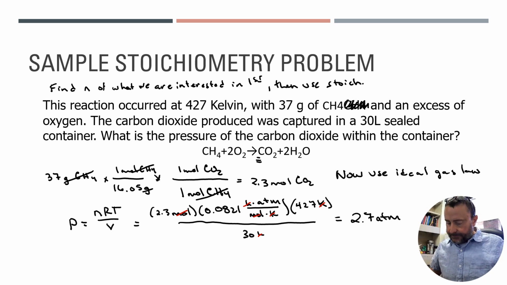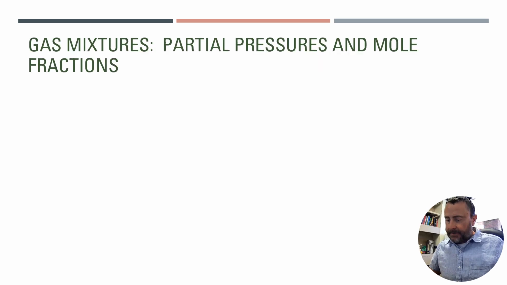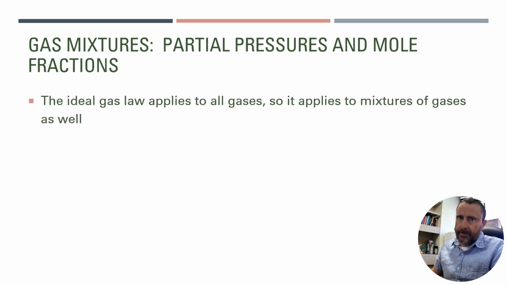All right. Next stop is partial pressures and mole fractions. The good news is that the ideal gas law works for every single gas that's out there. It does not matter if it's hydrogen, carbon dioxide, oxygen, whatever the gas is, however big or small, the ideal gas law works perfectly.